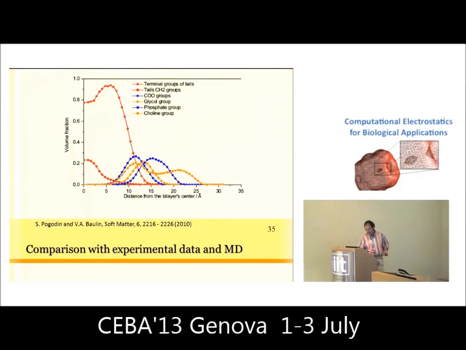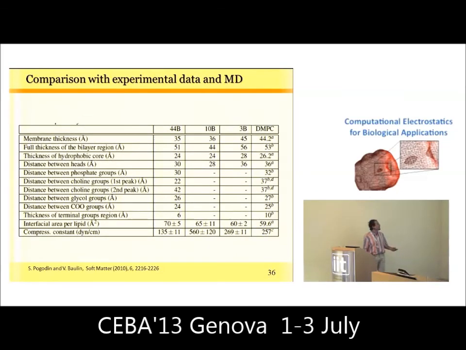In fact, this was done for the 3D models that I showed, and you can have a good numerical agreement with this data for all these mechanical properties at equilibrium, for example the thickness of the bilayer, the interfacial area per lipid, and the compressibility constant.